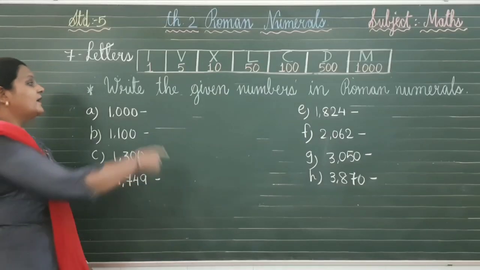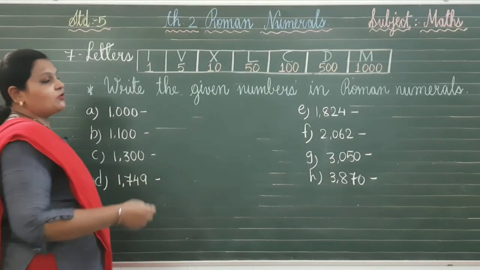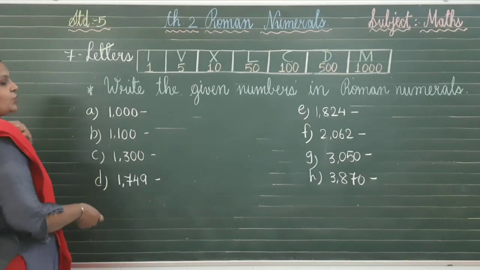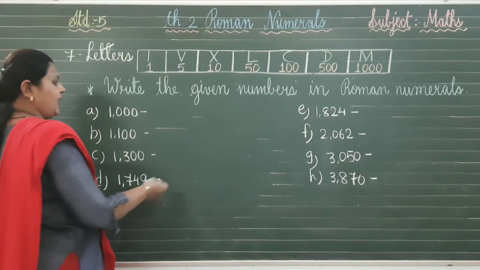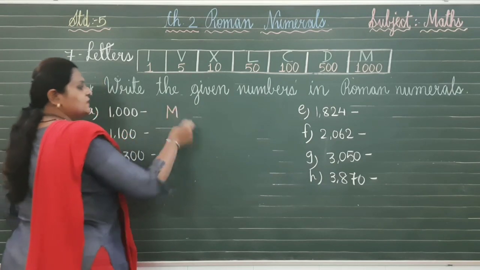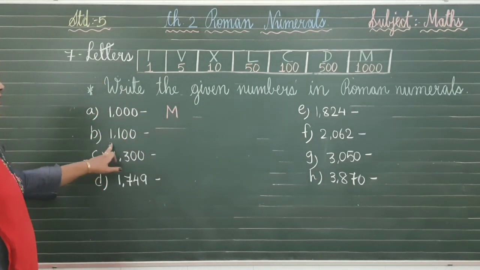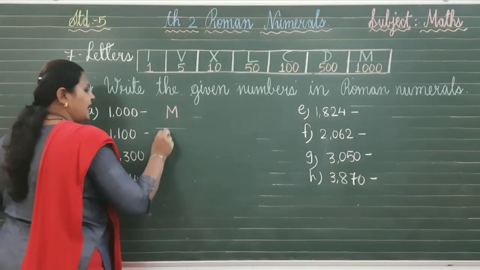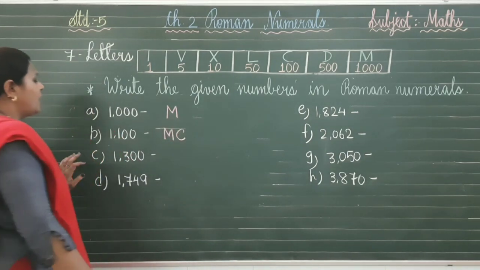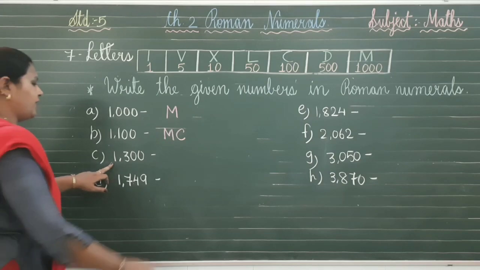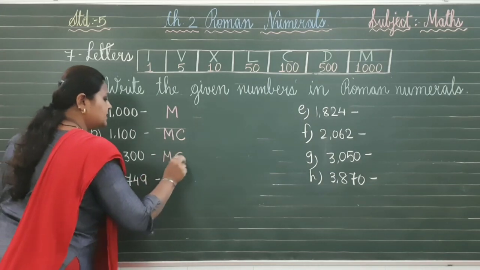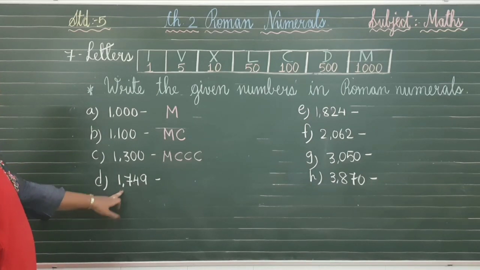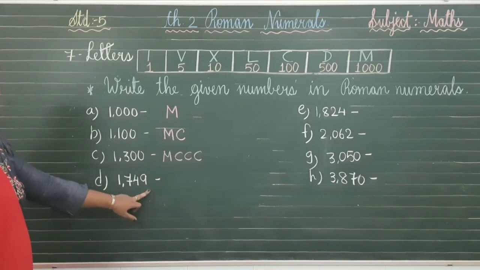Next question is write the given numbers in Roman numerals. First is 1000. Students, 1000 stands for M, that we know. So M. Now 1100. 1100 means MC. 1300. So 1000 plus 300. Then 1749.